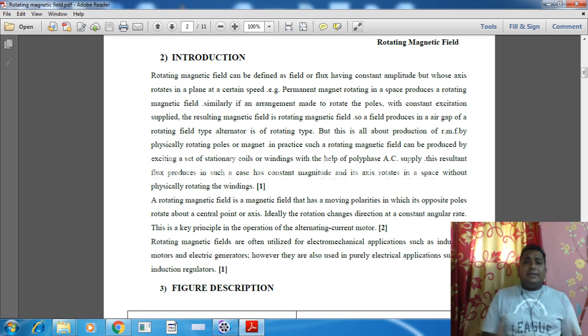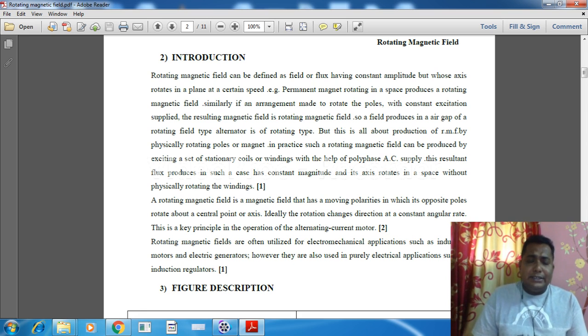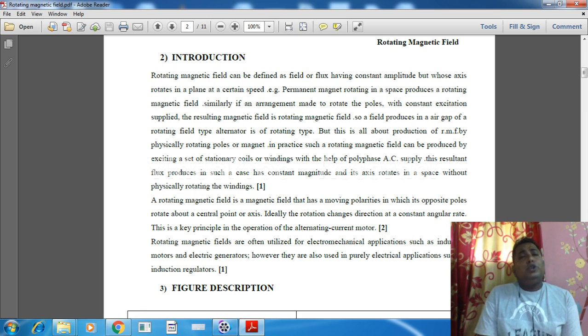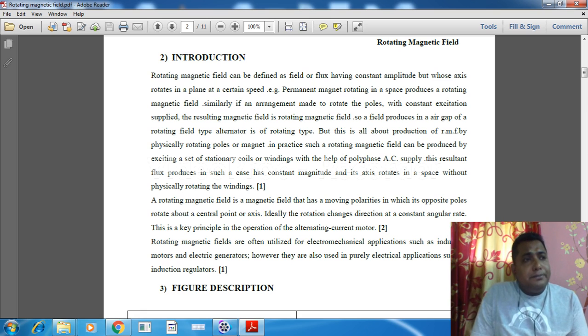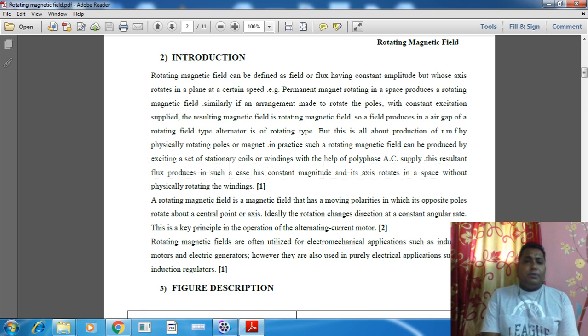Inside that stator we have a rotating part that is known as the rotor. As we have discussed in the previous classes, the rotor can be of two types. The first type is the squirrel cage type rotor, and the second type is the slip ring type rotor.